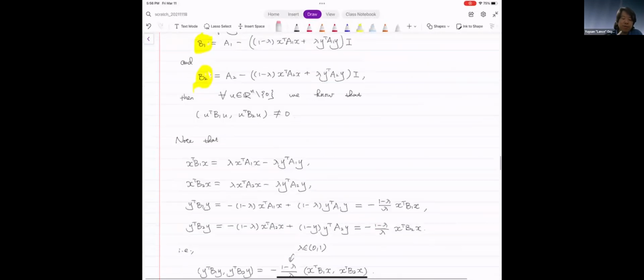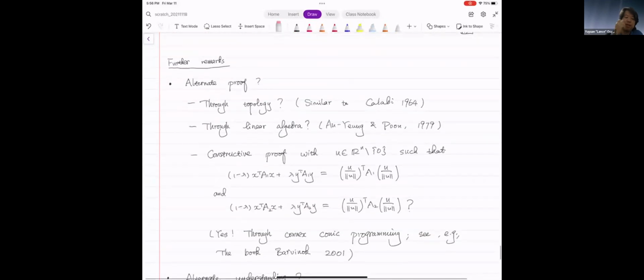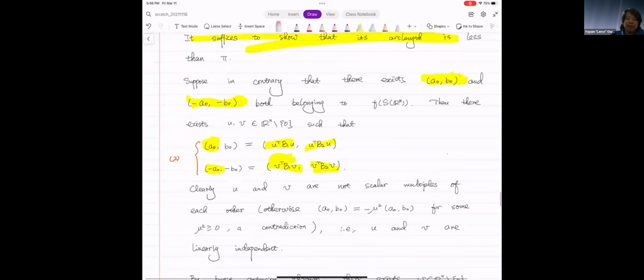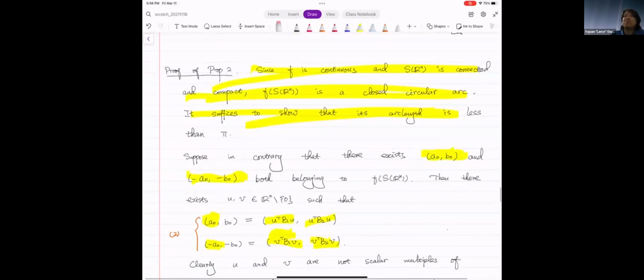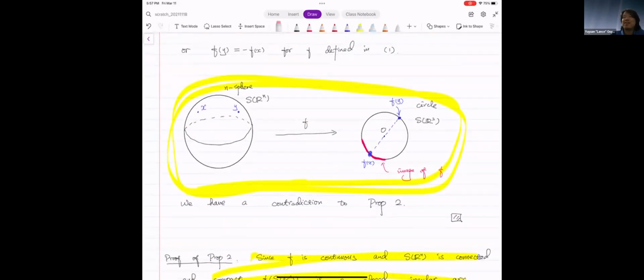There are actually lots of follow-up things I would like to mention. First remark: in my mind, there should be a simpler proof if we use topology. When I say simpler, I mean reducing this proof of proposition 2 to a few lines. I think there might be a possibility. Unfortunately, I'm not an expert in topology.